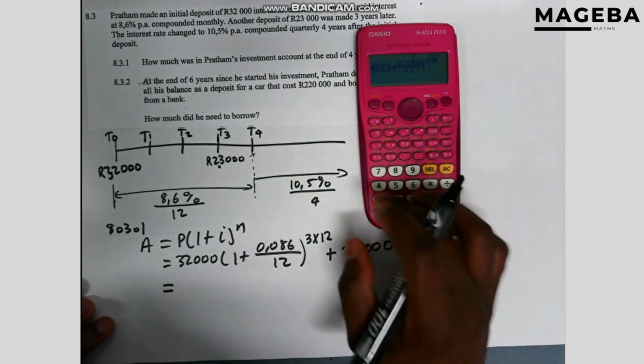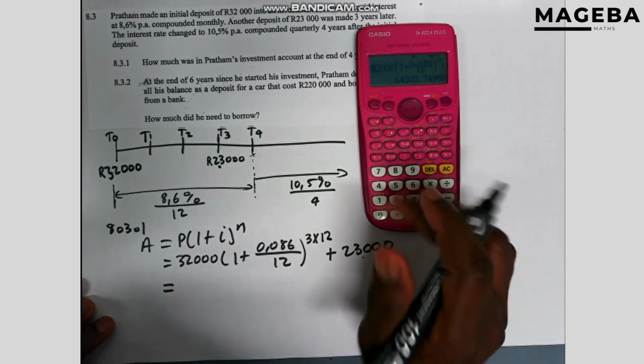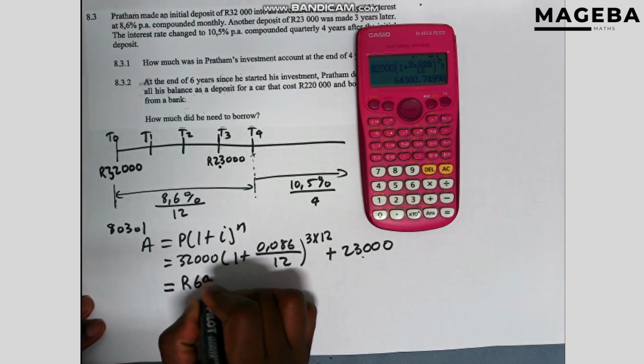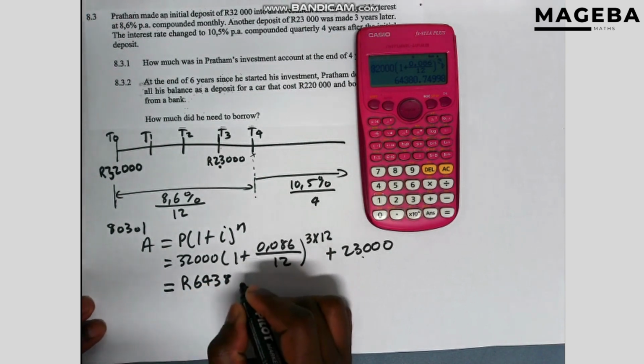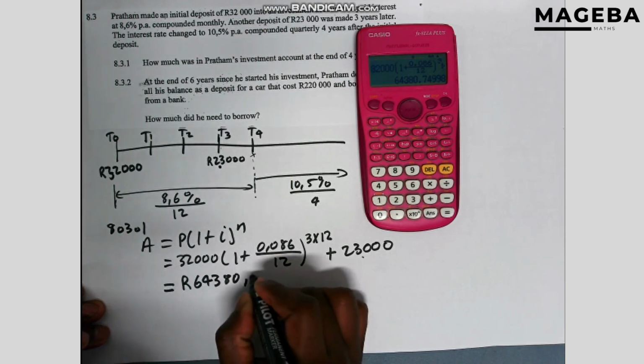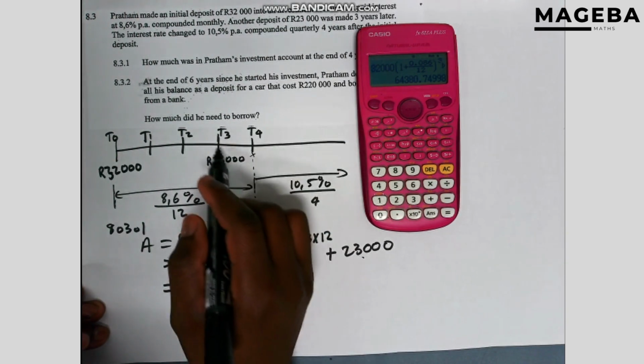And then 3 times 12, and then we add our 23,000, then we get 64,480 comma 75 cents. This is the end of 3 years.